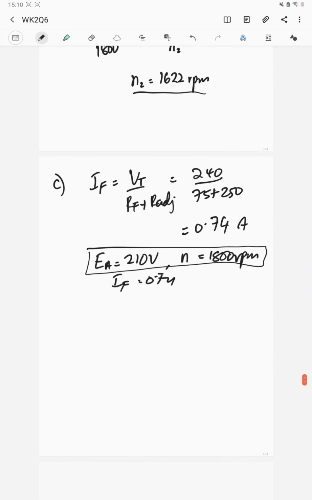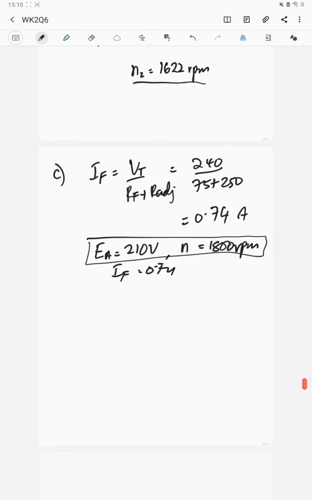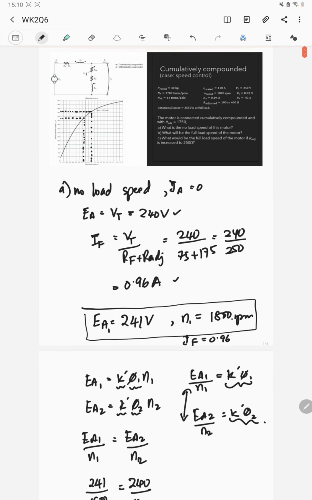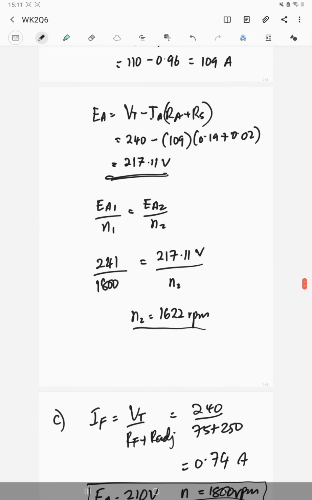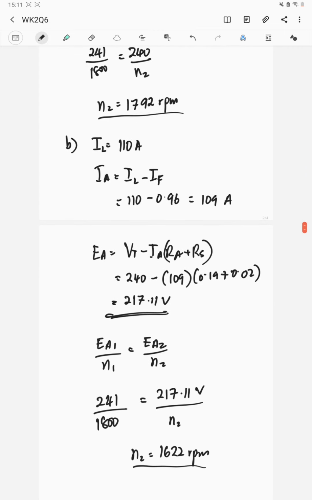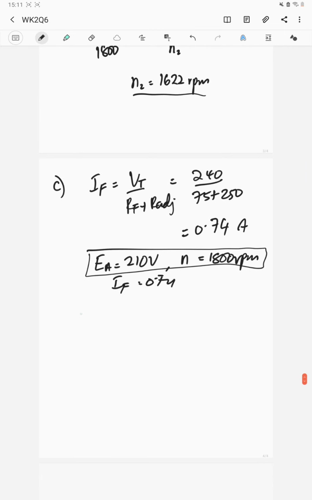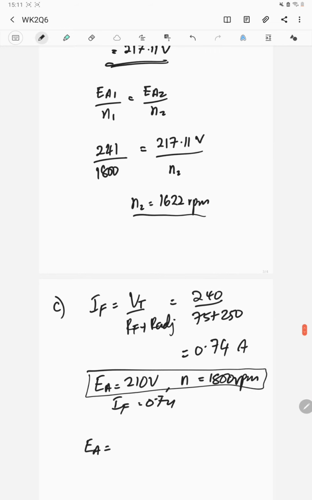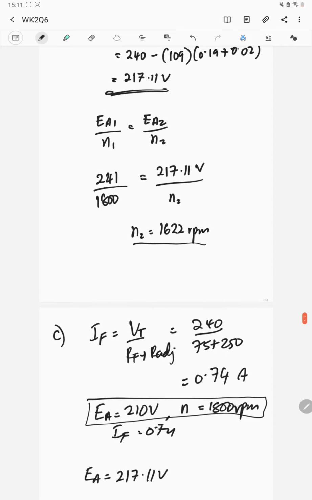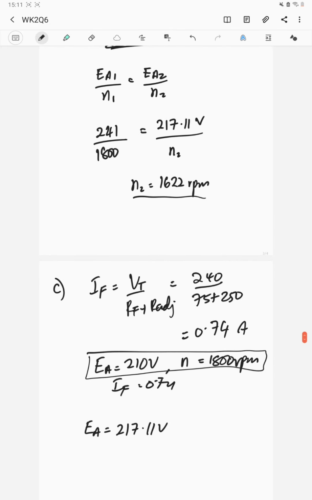Now, what is the full load speed? We know from the previous part that we calculated the full load EA, which is 217.11. So at full load, EA is still maintained at 217.11 volts.